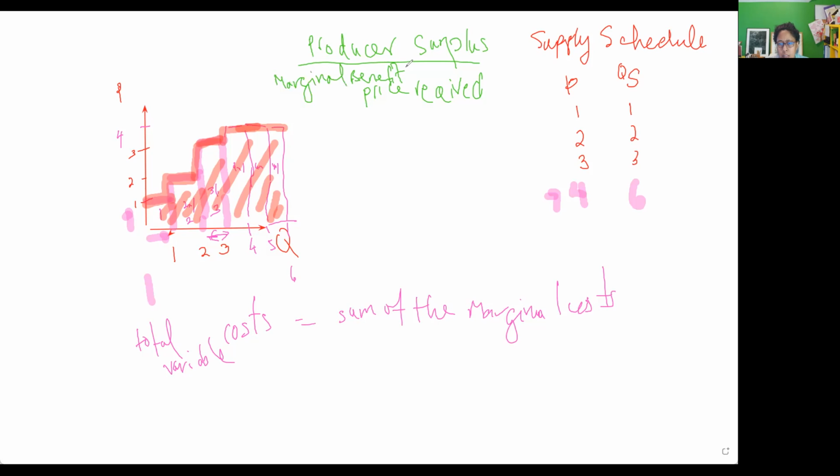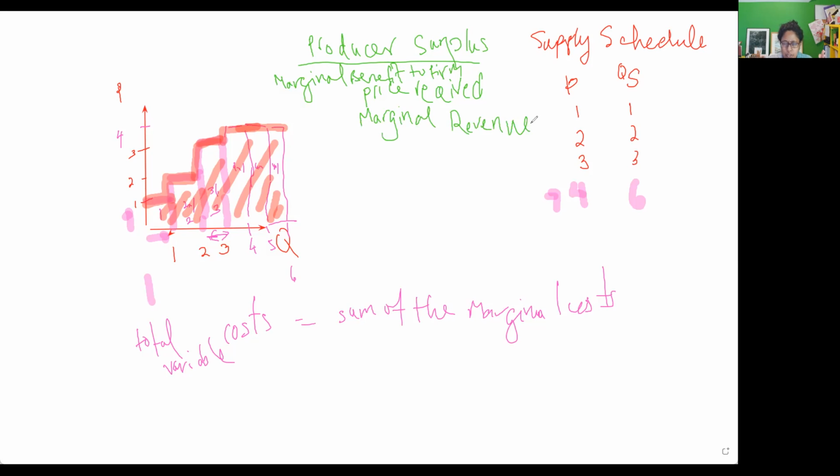Marginal benefit to firm is the price received, which in competitive markets, it's going to be the marginal revenue, the amount. And I'll just add a caveat here. The marginal revenue is always how much you add to the revenue for selling an additional unit.